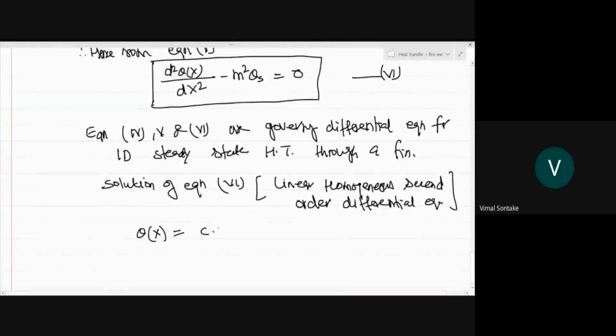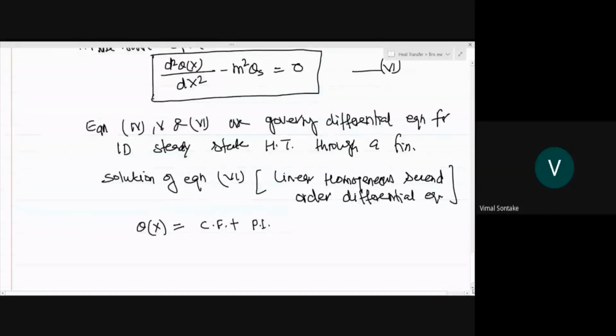It is a combination of complementary function plus particular integral. At this point of time we won't bother about how this solution is arrived at. In mathematics we have done all these things.